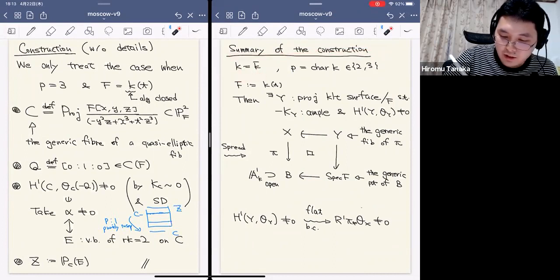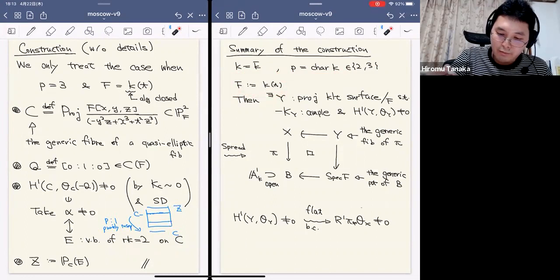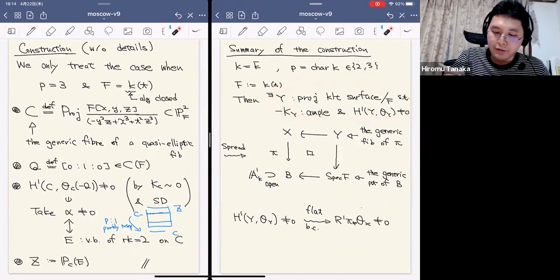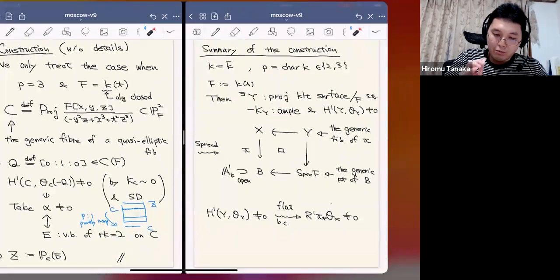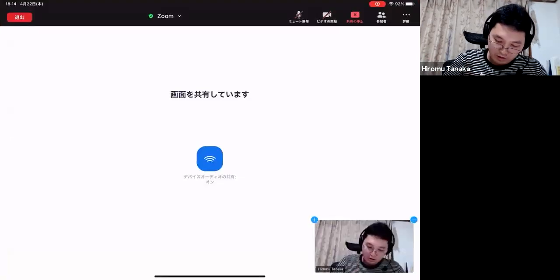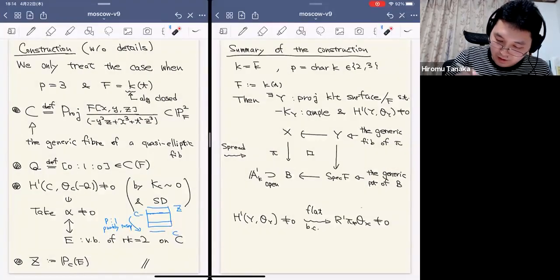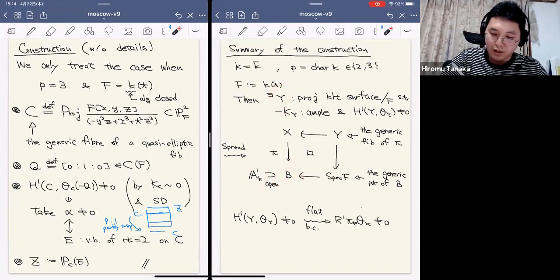Thus, we start with an algebraically closed field of characteristic 2 or 3, and we take a field like this. Then by theorem 1, which follows from theorem 2, we can find a pathological projective characteristic surface. Then we spread Y over some open subset of A1, then we can find what we want.